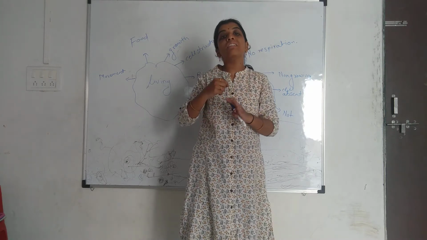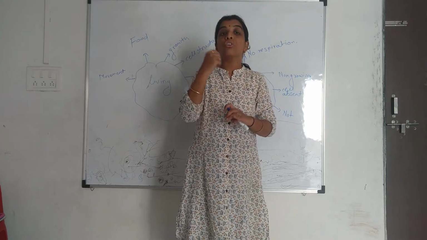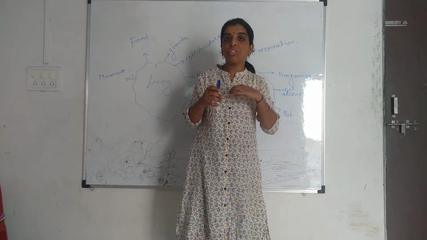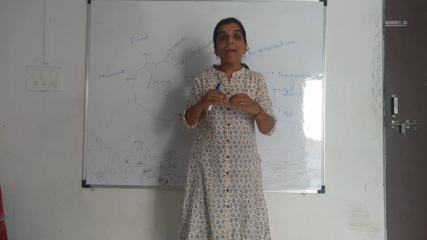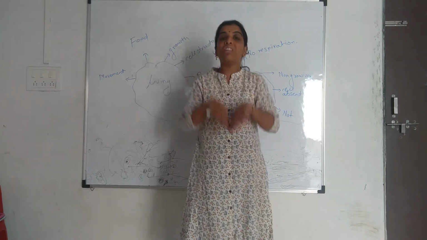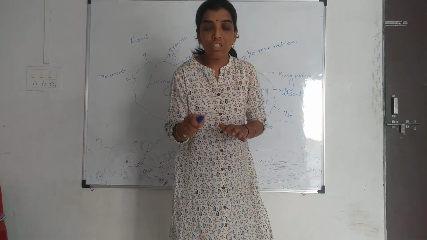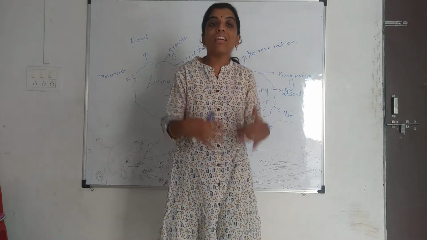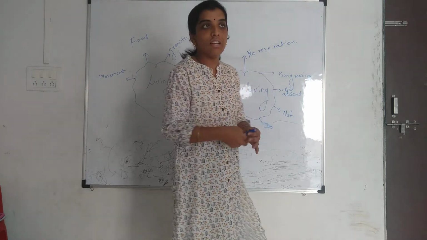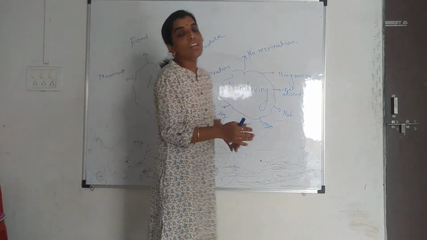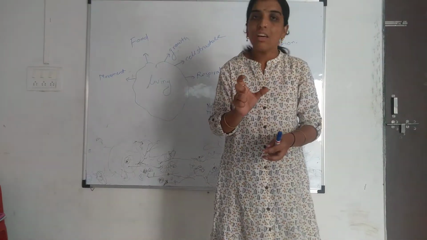We are giving some response to the stimulus. Some stimulus is given to you, some action is happening and you are giving the reaction. That is nothing but the response to stimulus that we are doing. That is the characteristic of a living thing, isn't it? But non-living things are not giving any response to any stimulus, isn't it?